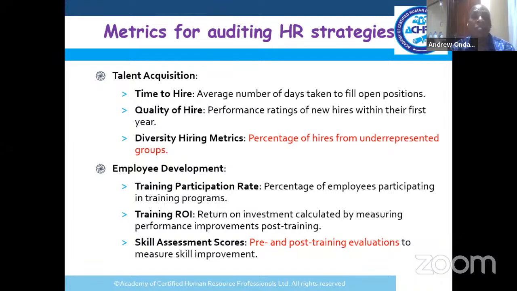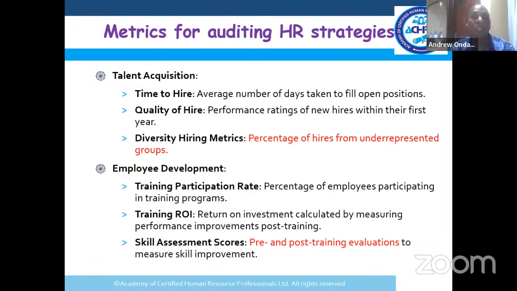Because of the technology tools, private companies are able to hire people within a very short time. And the best practice in most organizations is 45 days from the time of advertising to the time of placing a person on the job.